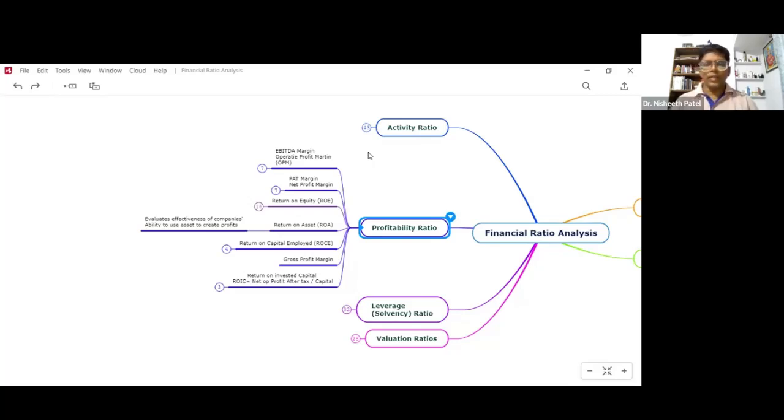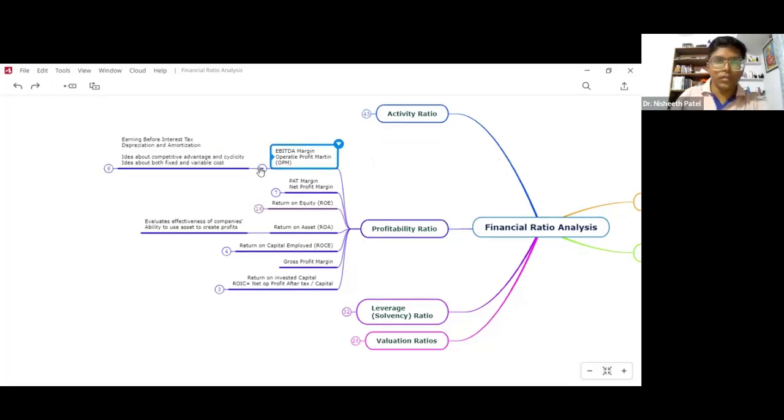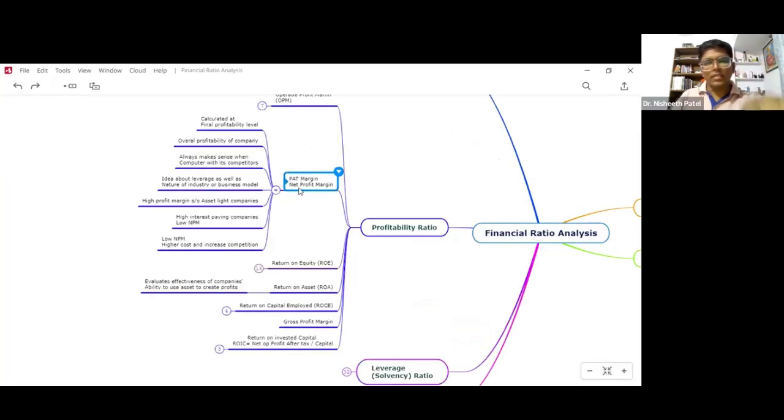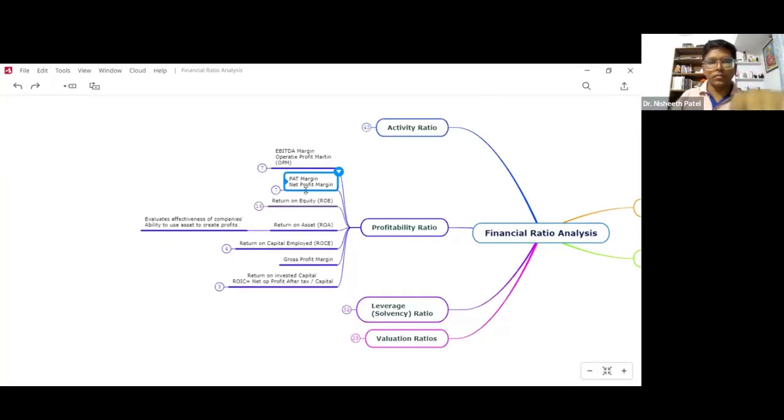That is the OPM ratio. And if you minus interest, tax, and depreciation, you will get the net profit margin. Okay.